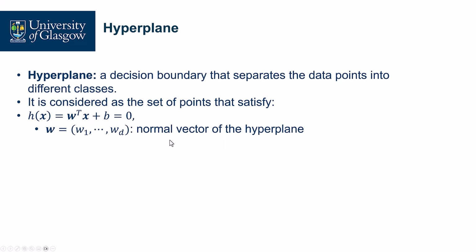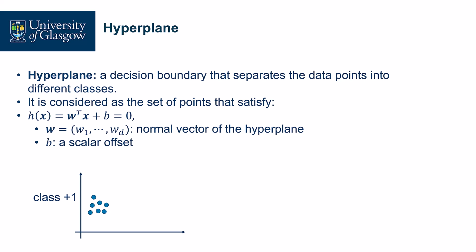This w we call the normal vector of the hyperplane, and b is a scalar. As we can see in 2 dimensions, with positive 1 and negative 1, there is a hyperplane here.